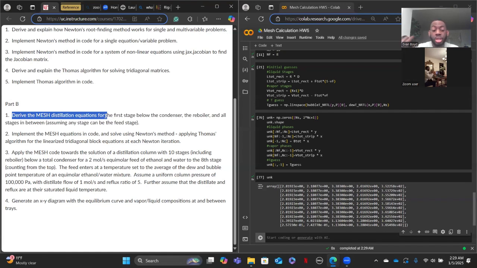Oh my gosh, I just blanked out. Sorry, it's late. Deriving the MESH distillation equations for the first stage below the condenser, the reboiler, and all the stages in between. The equations we're looking for are a mass balance, not energy balance, but a mass balance, a... I just blank out. What is it? Is it energy balance?